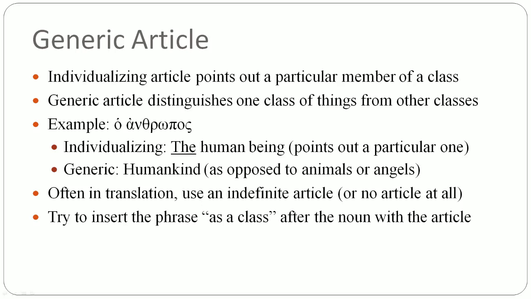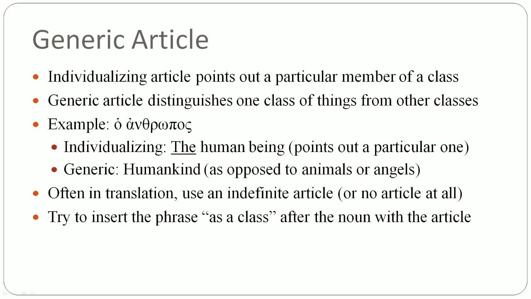In this one, though, you wouldn't even use the indefinite article. You wouldn't say a humankind or an humankind. Just don't use an article at all. So sometimes, even though we have an article in Greek, it's best to leave it out when you translate it into English, particularly if it's one of these generic articles.